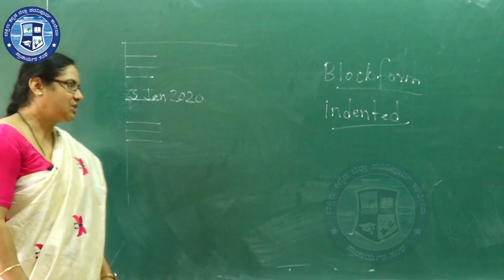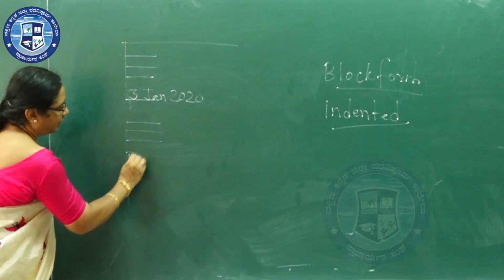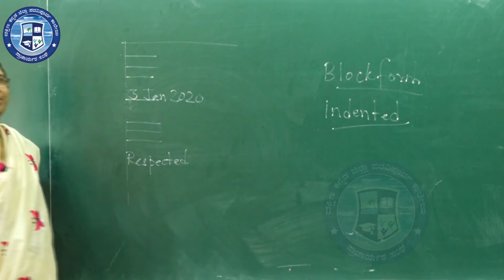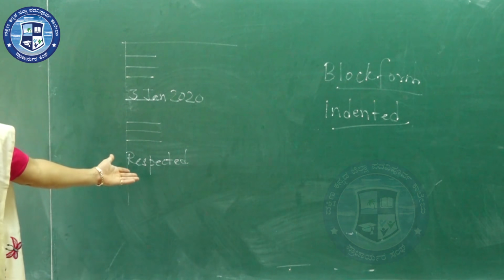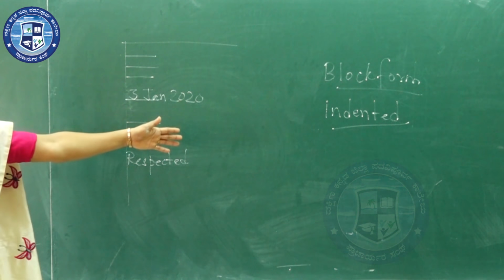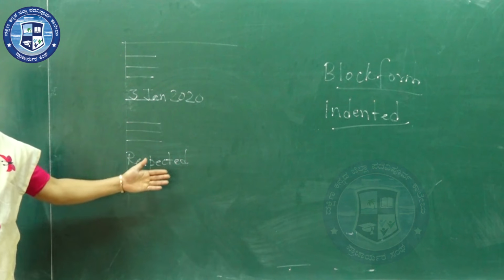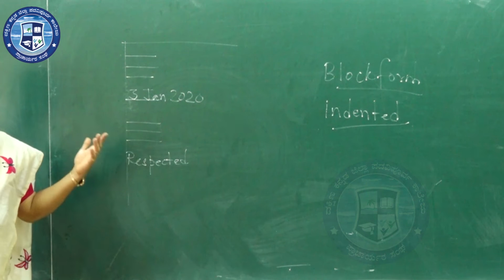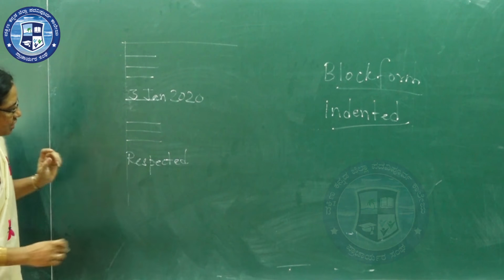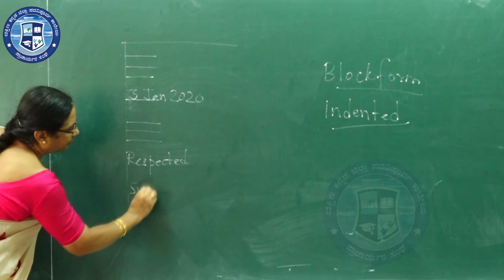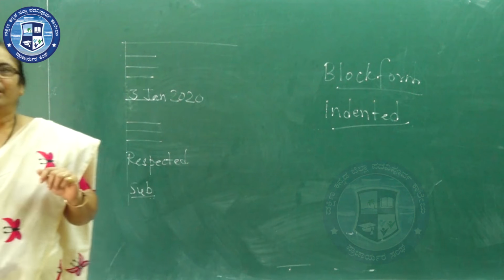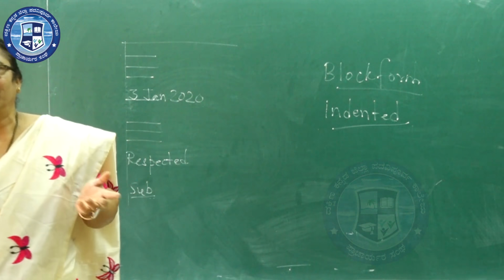The next is what we call as the salutation. Now the salutation, you may either use respected sir / madam, or dear sir / madam, or simply sir / madam. Leave one line space and move to the subject of the letter. Now there's no second thought about it.